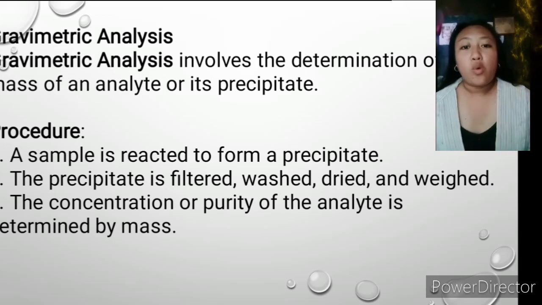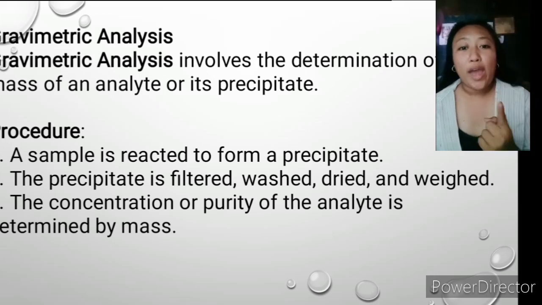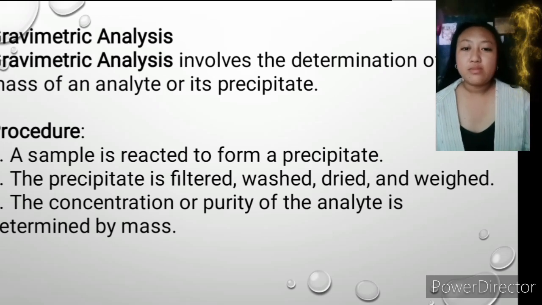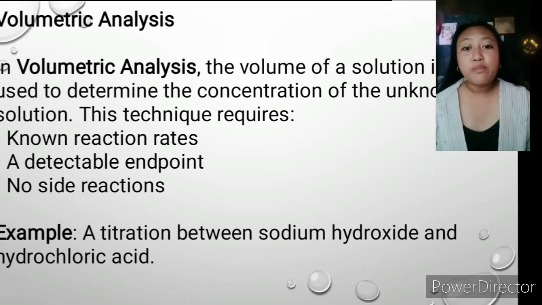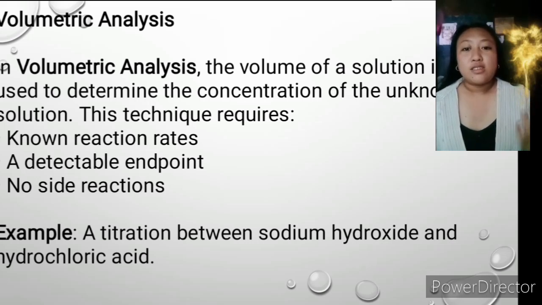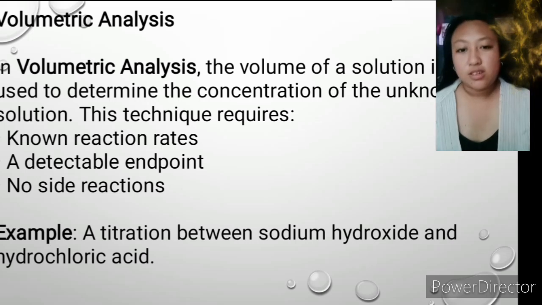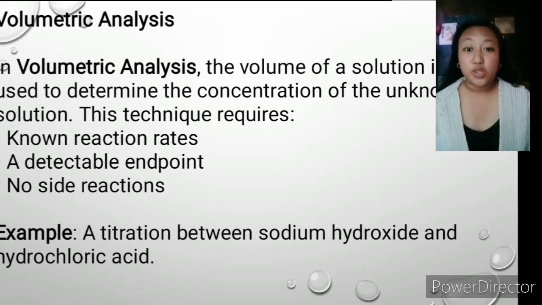From this, we'll dry it, wash it, and then weigh this excess or solid form. And from this result, we'll now be using the gravimetric analysis to determine the solution's result.